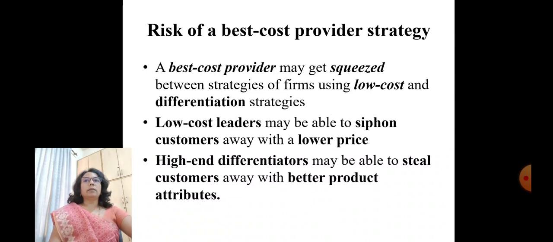Then talking about the generic strategies and industry forces, let me take some features and try to address how they are affected by different strategies, that is cost leadership strategy, differentiation strategy and focus strategy.